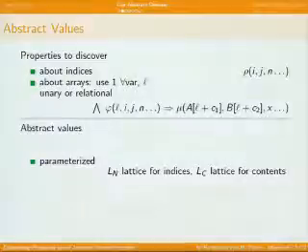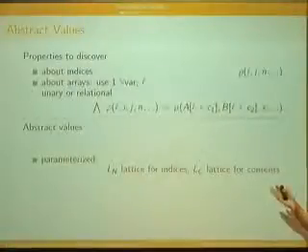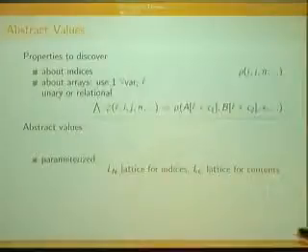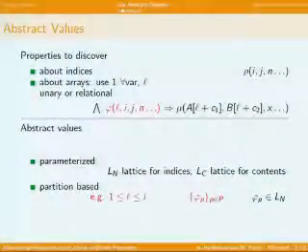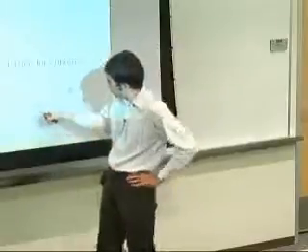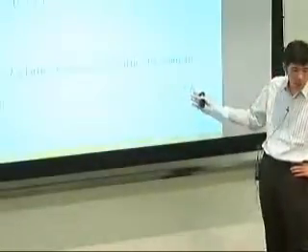We consider a lattice to express the property about indices, Ln, and a lattice to express the properties about content, Lc. Then an abstract value can be understood only with respect to a symbolic partition, which will be represented by a set of formulas phi p, which are elements of Ln.